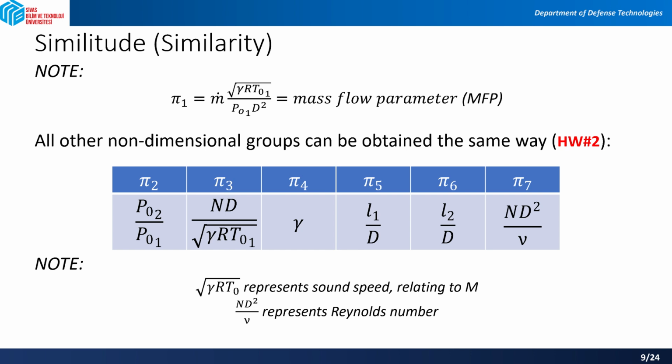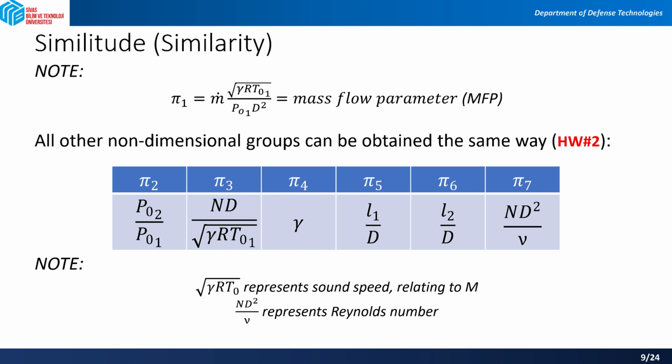And using the same procedure, you can find the rest of these non-dimensional numbers, pi 2, pi 3, pi 4, pi 5, pi 6, and pi 7. This is actually your homework, so you are already given all these non-dimensional groups.